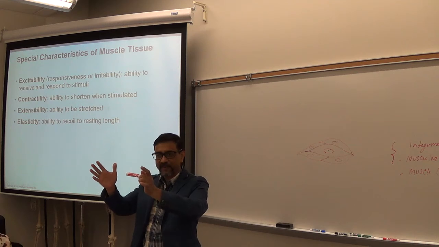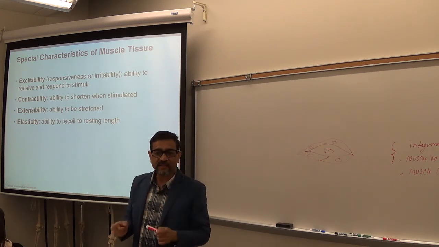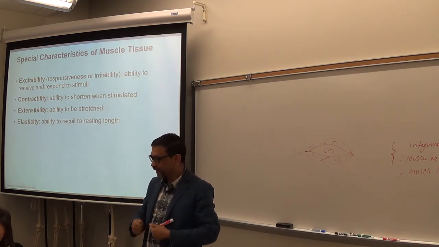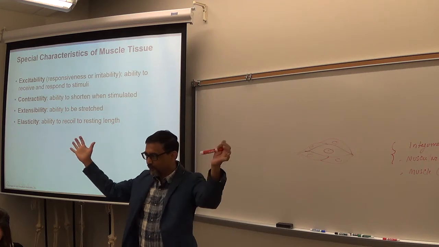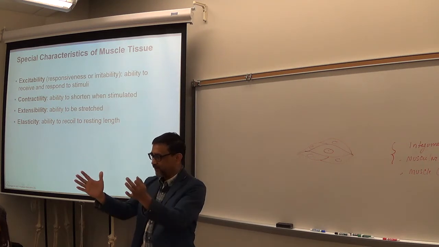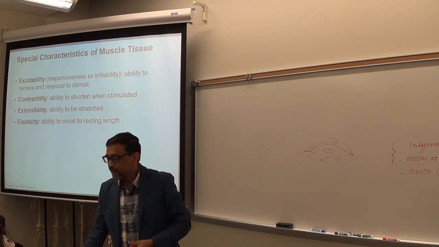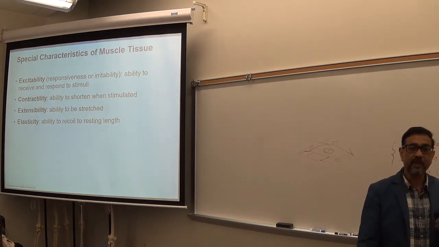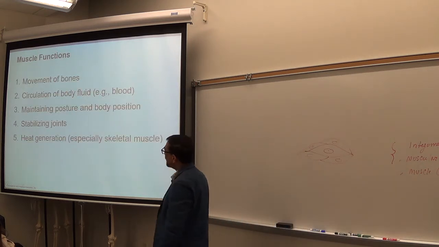It will go back to its actual shape, right? So that is called elasticity, recoiling. You know, the elastic thing you use in your clothes, right? You can expand, that's the expansibility. Now if you remove the pressure, it will go back to its actual shape, right? Shortening. So that's the recoil, elasticity. So those are some special properties of your muscle tissue.